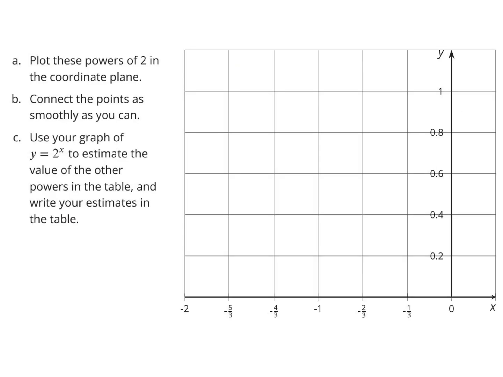So coming back and plotting the points, 0.25 is about right there. Then 0.3 should be halfway. And negative 4/3 is about 0.4. 2 to the negative 1 should be about halfway. And 2 to the negative 2/3 is about 0.63. And 2 to the negative 1/3 is 0.8.